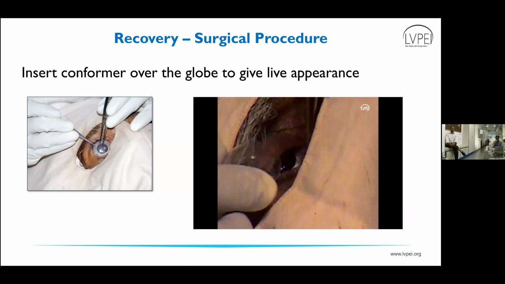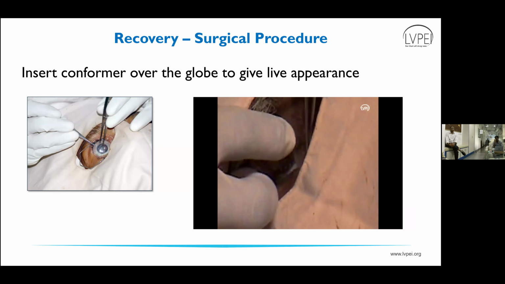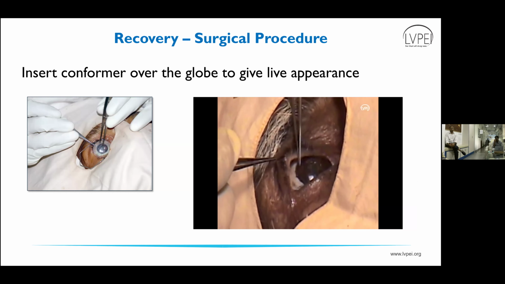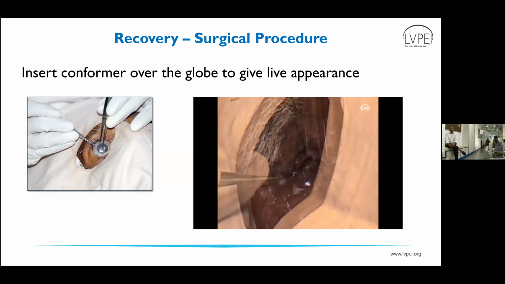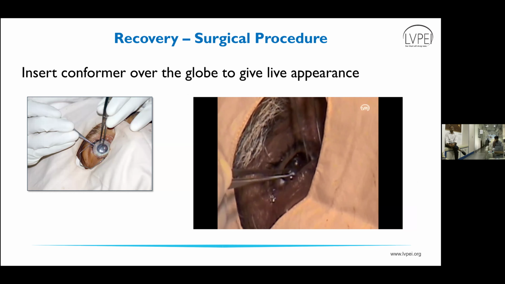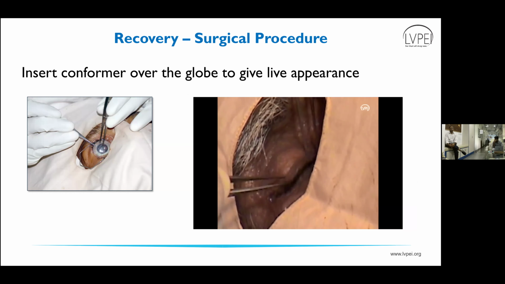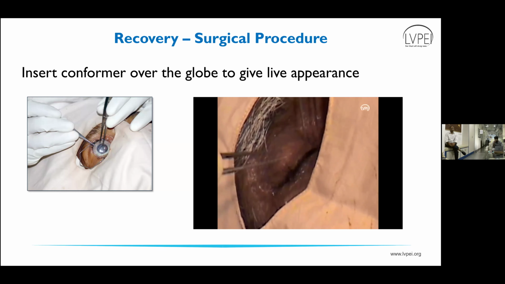Then we have to insert the conformer over the globe to give a live appearance to the donor eye. This is how, using a transparent eye shell, after removing the speculum, you place the lower edge into the lower conjunctival sac, and then using a forceps, the upper edge goes into the upper conjunctival sac.